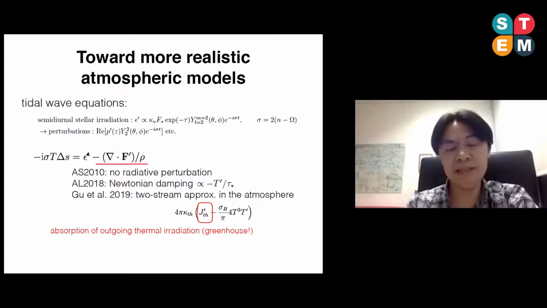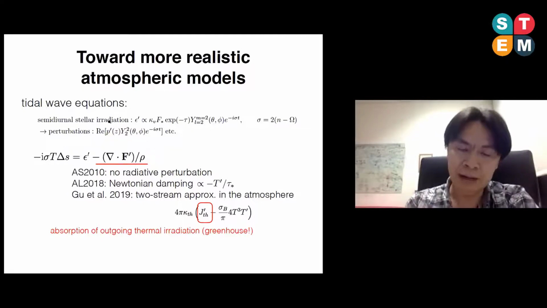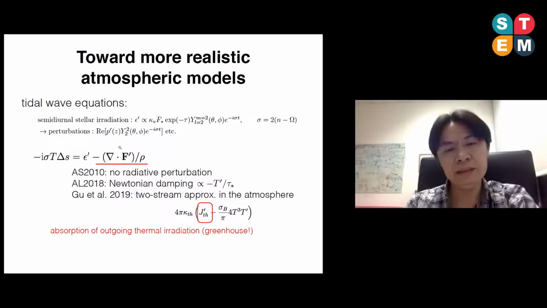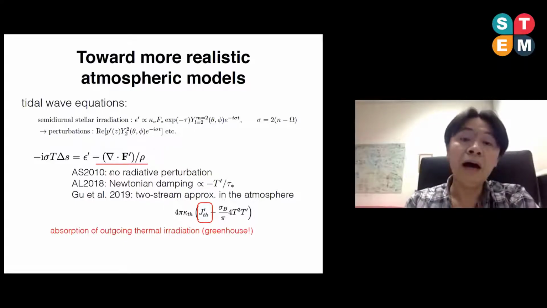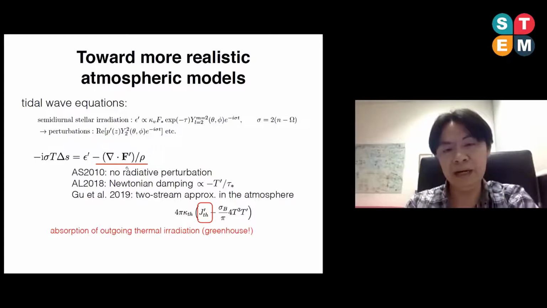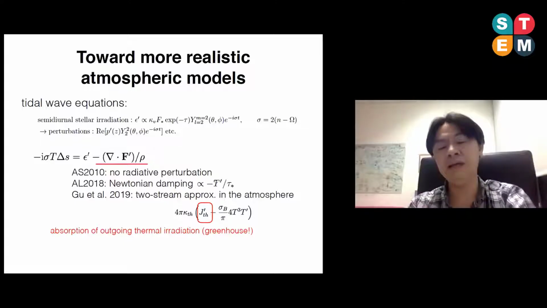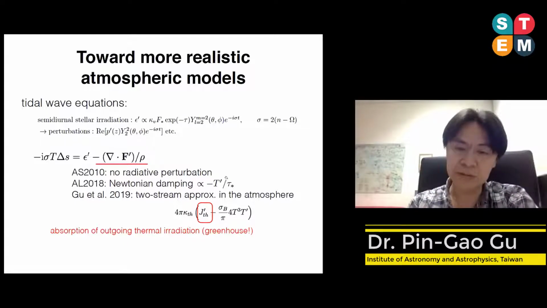The first term is the heating term, which excites these semi-diurnal thermotidal waves. The second term is associated with the radiative perturbation. In the work by the French group, they modeled this as Newtonian cooling, which is proportional to the temperature perturbation, but the efficiency of this damping is controlled by the cooling time scale.